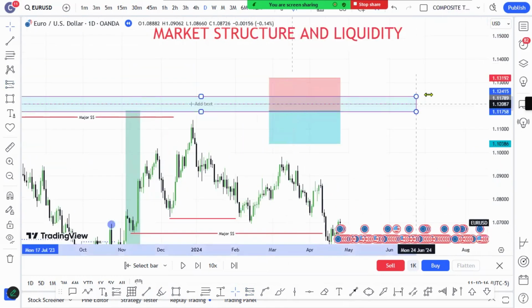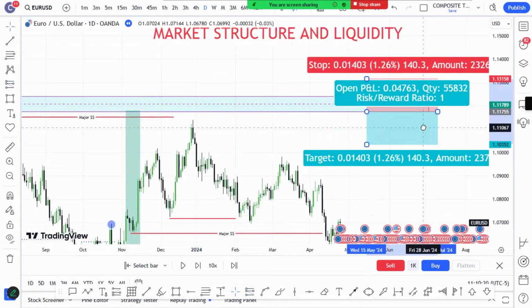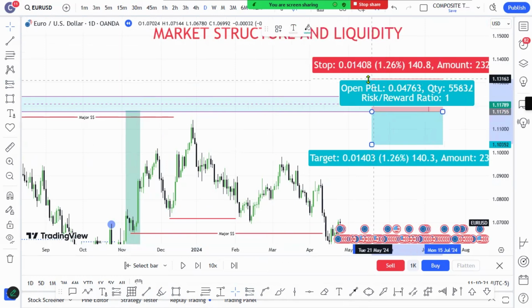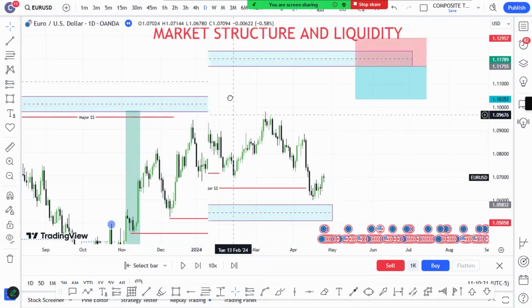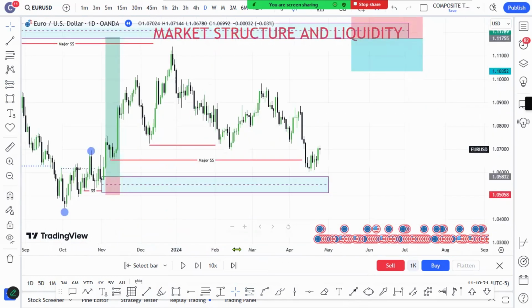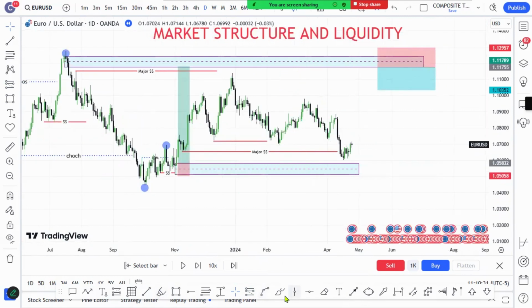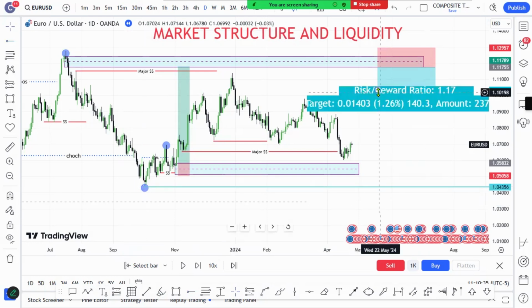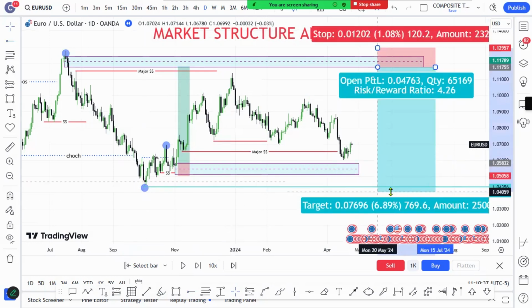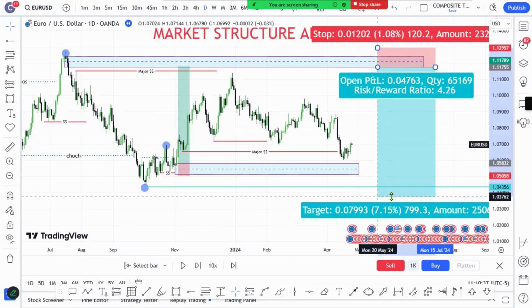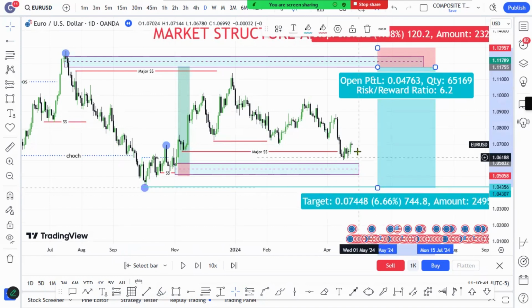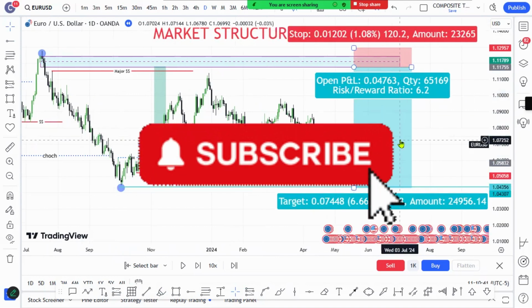Let's do this here. Just put your stop loss above it, and then always target your low. So let's say here. So we can target around here.